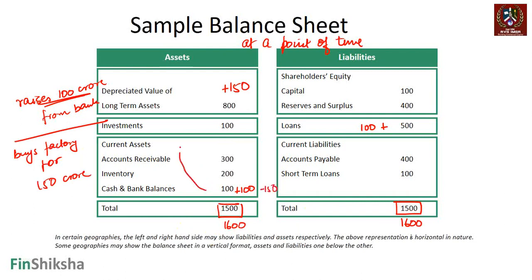In other words, you have transferred money from one side of the assets account to another side of the assets account. The balance sheet still remains at 1600 and 1600 because this is just a reclassification, right? So any transaction that you do, the balance sheet will always remain balanced. That cannot really go out of balance at any point of time.